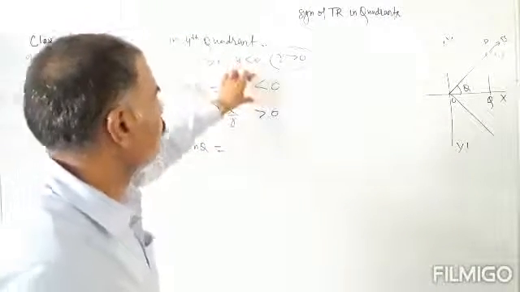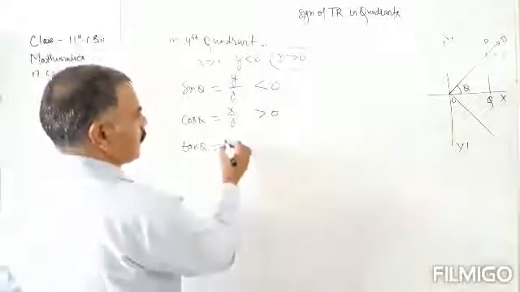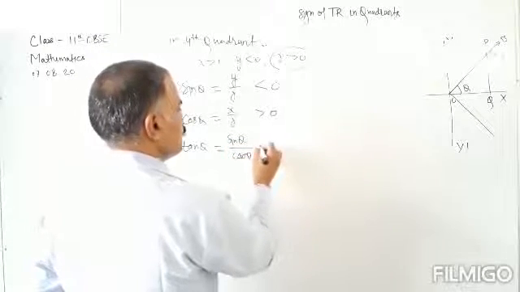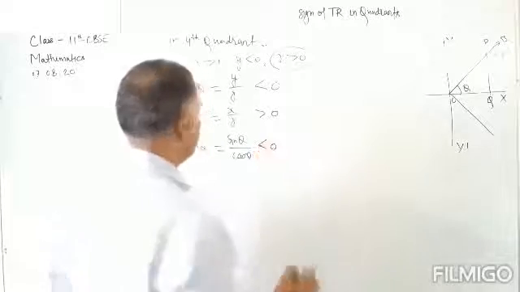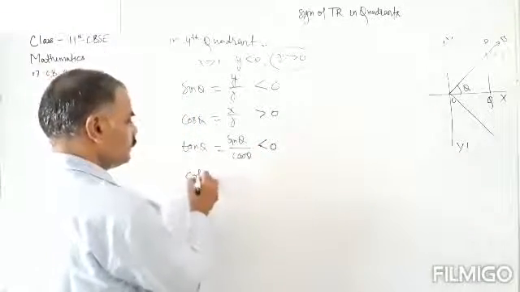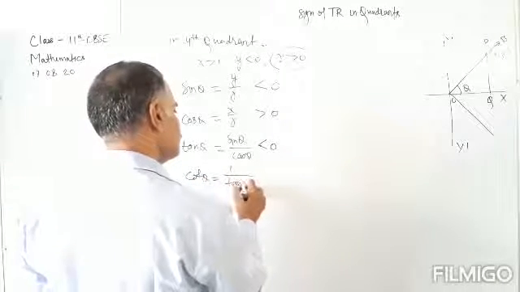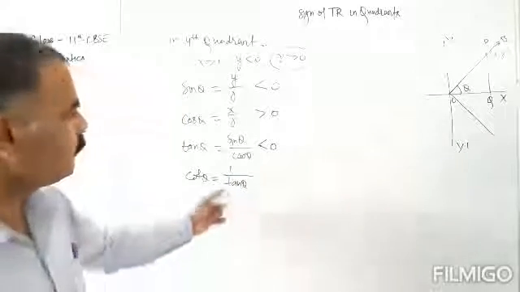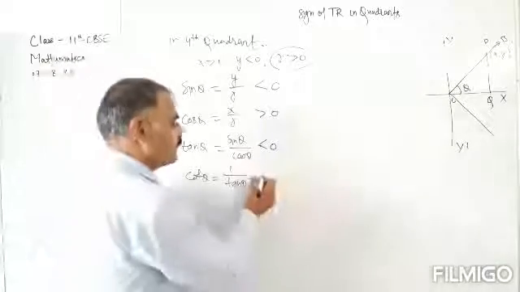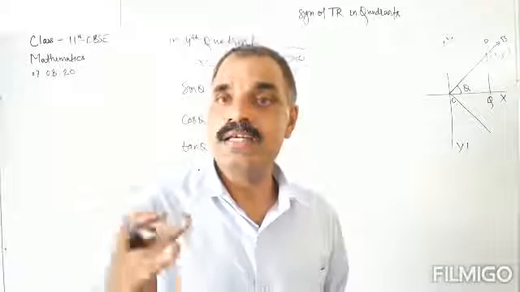Sin theta is negative, cos theta is positive, so negative upon positive is negative. So tan theta is negative. Now cot theta is the reciprocal of tan theta. Tan theta is negative, that is why cot theta is also negative. So cot theta is negative in the fourth quadrant.